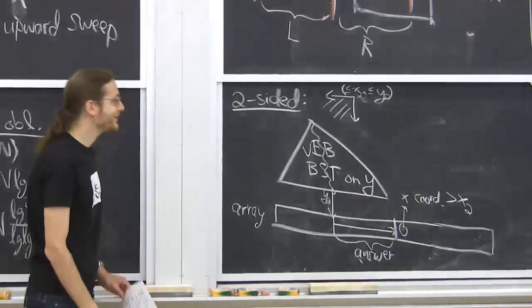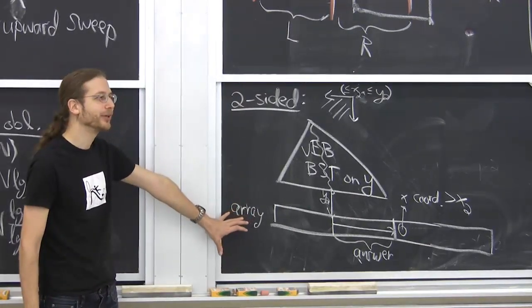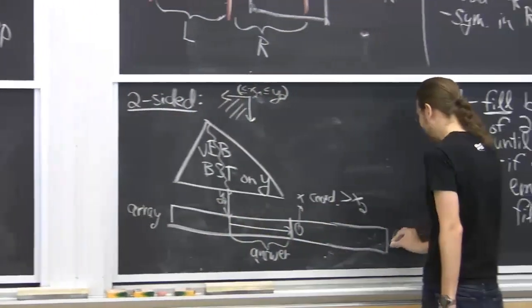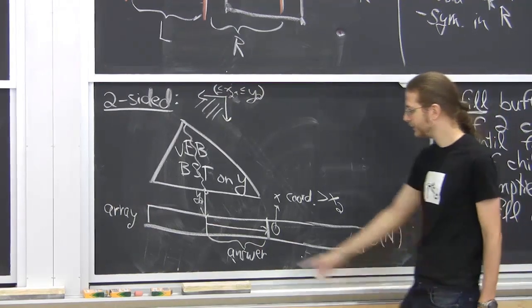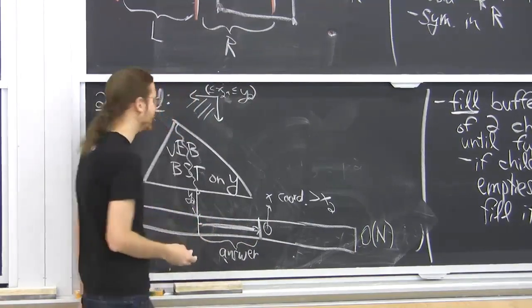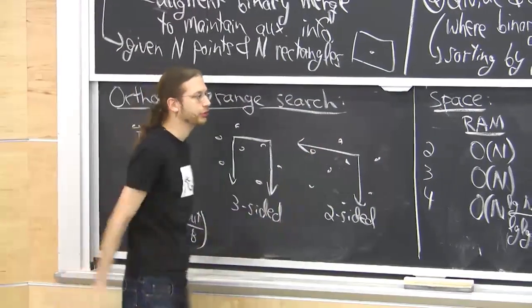To me, this is an insane idea. I would never imagine this to work. But the claim is you can make this array have linear size. That's the hard part. Make the amount of stuff that you have to traverse here be linear in out, in the number of points that are actually in this range.